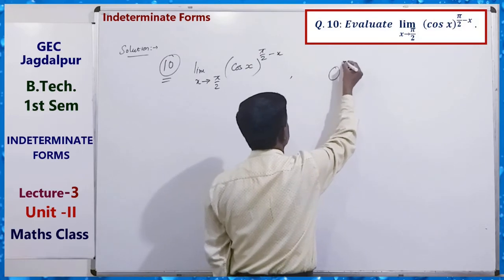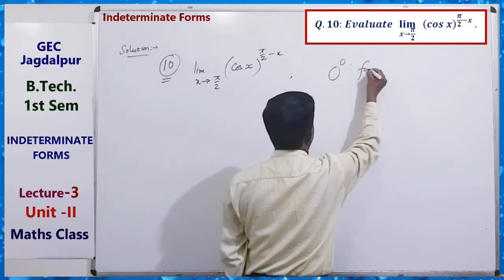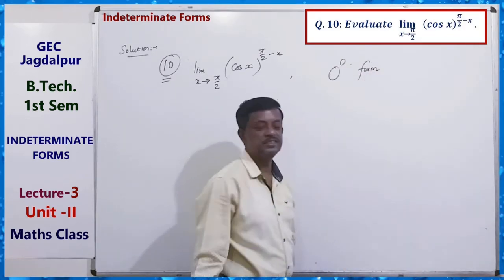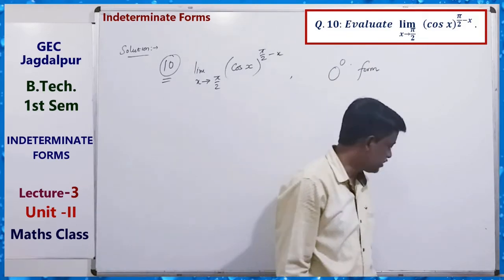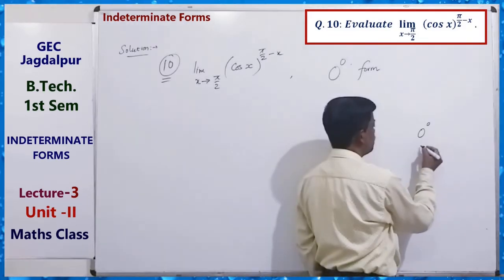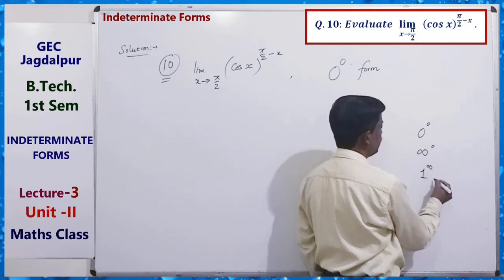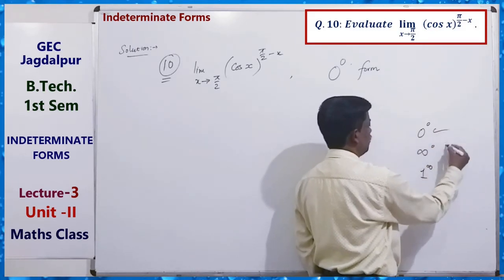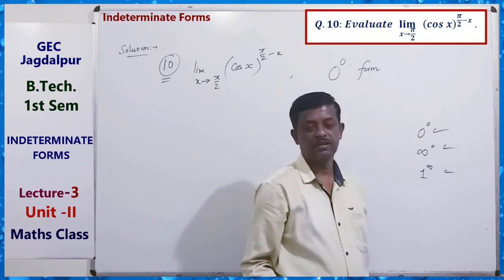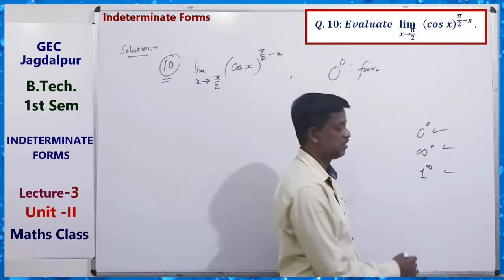This is 0 to the power 0 form. We know that 0 power 0 form, infinity power 0 form, or 1 power infinity form can all be done by using logarithm.